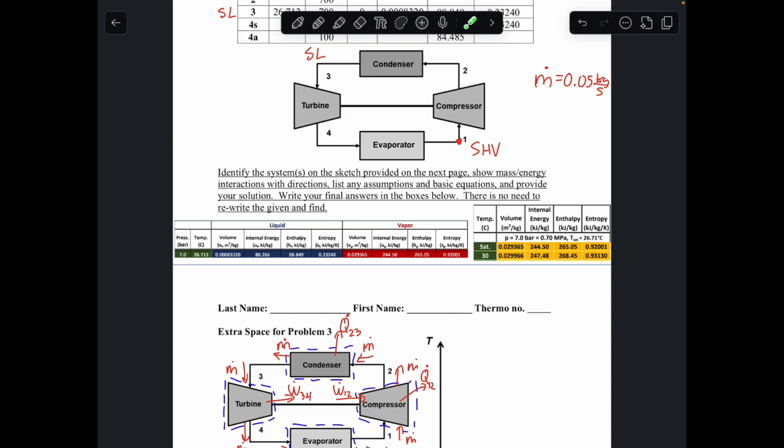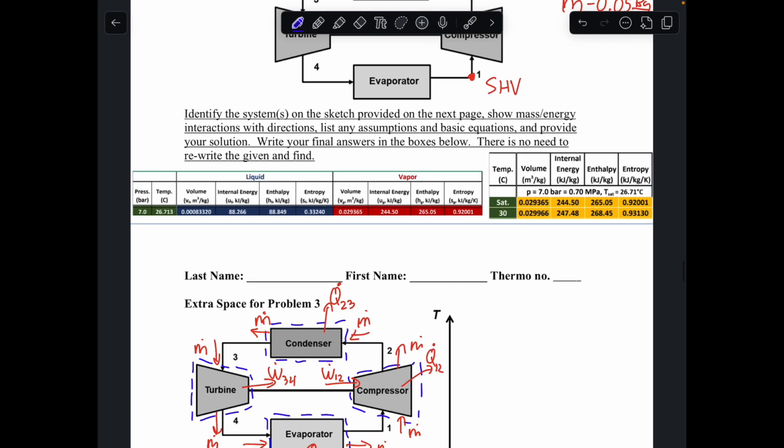We can compare the specific volume that we got, V2 equals 0.029967 meters cubed per kilogram, to the values in the table. The specific volume for a liquid phase is really low, and the specific volume for the vapor phase is just slightly lower than the value that we got here.